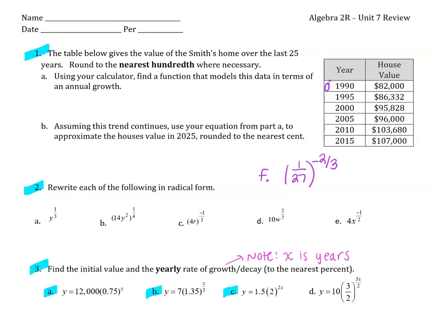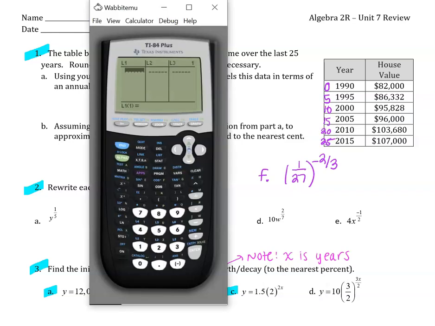So I'm going to call 1990 0, which means 95 is 5, 10, 15, and so on. So years since 1990. Now I go to my calculator. You go to Stat, Edit, and then L1 is going to become your years.